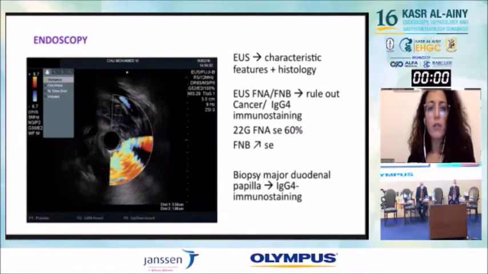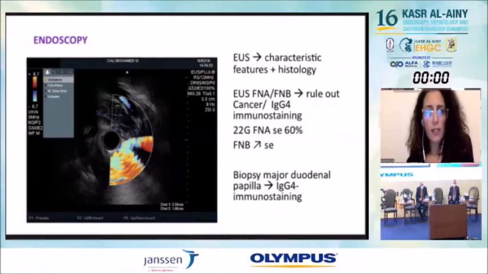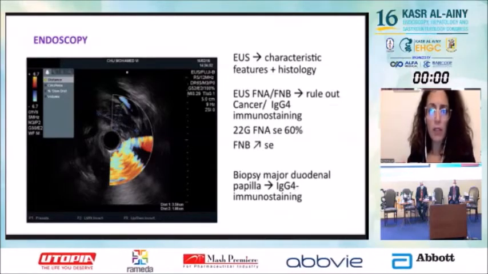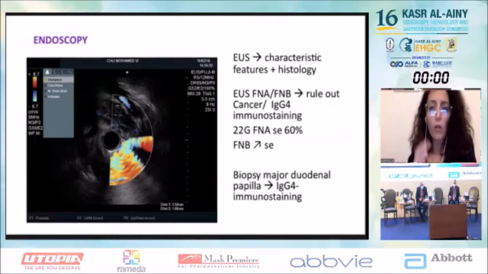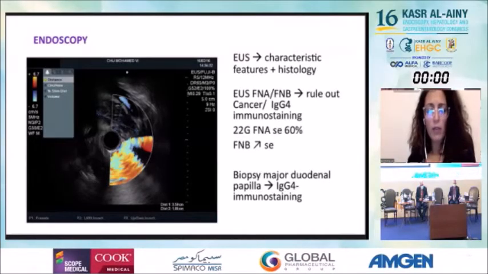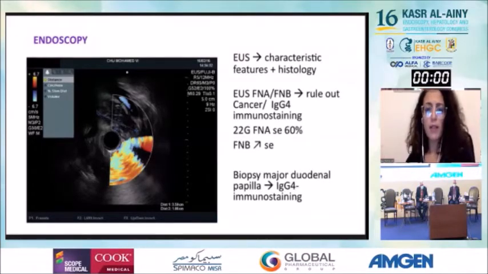But when the involvement of the gland is diffuse, the imaging is typical, and we have elevated serum IgG4, as we will see in the criteria, we don't specifically need the histology. However, tissue sampling is mandatory, I repeat, to rule out pancreatic cancer, especially in the mass-forming form of IgG4 pancreatitis.